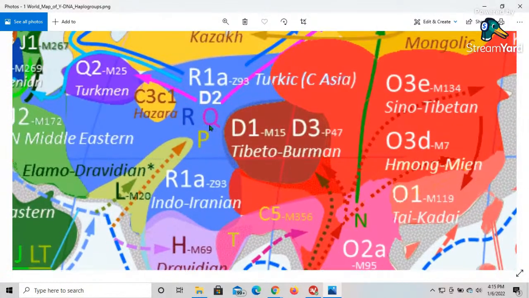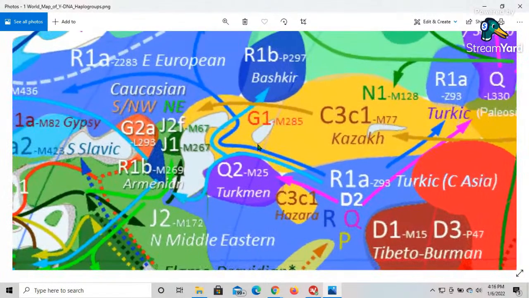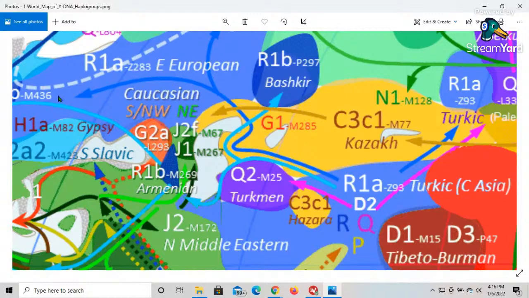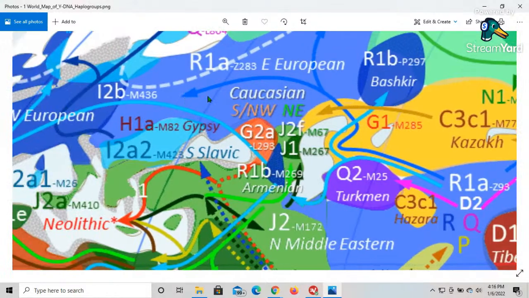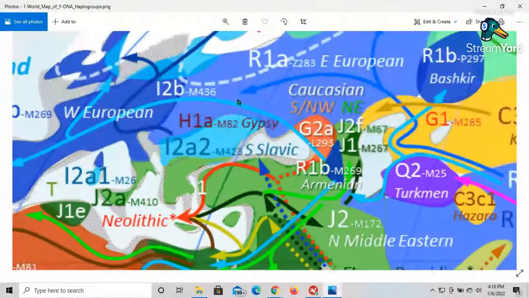The Q population is not the same as the R because the R is clearly Gomer, with Ashkenaz over here and Riphath over here. So the R, Europeans, is clearly Gomer, because Gomer was in Europe.